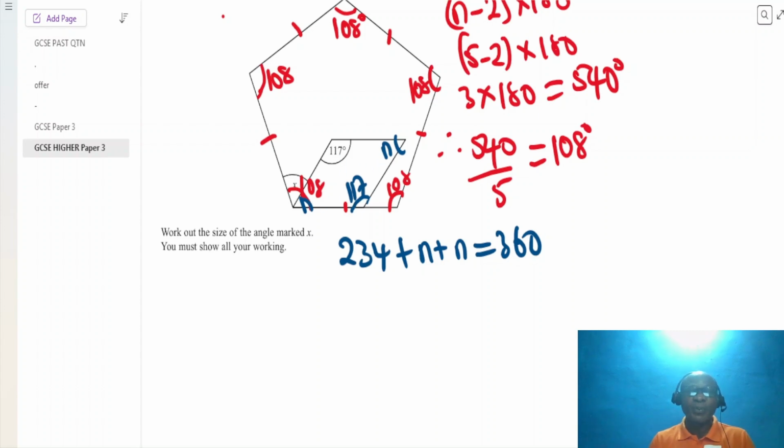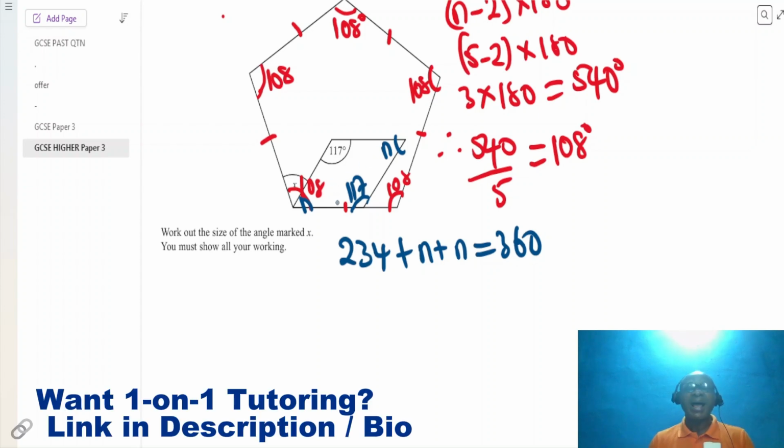That is why the opposite angle here is 117. So the other two angles are each equal to n degrees.